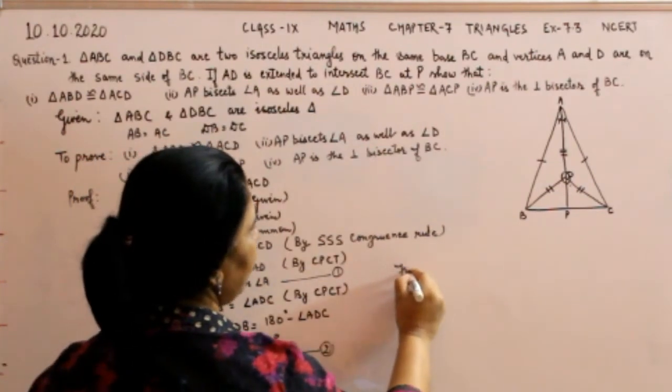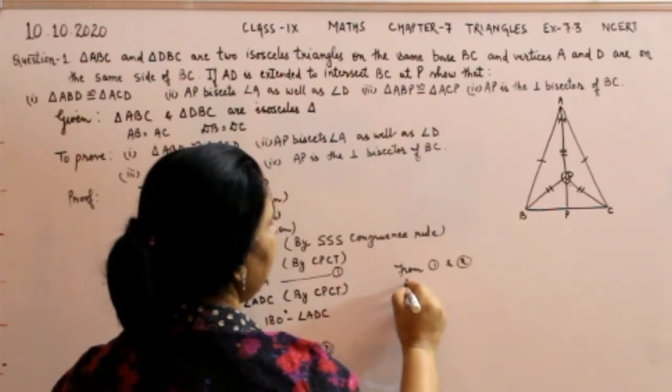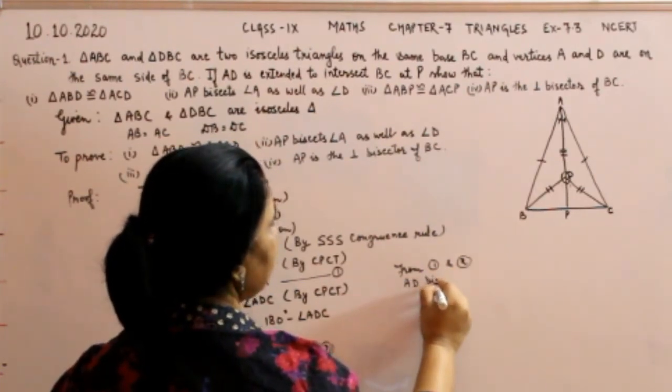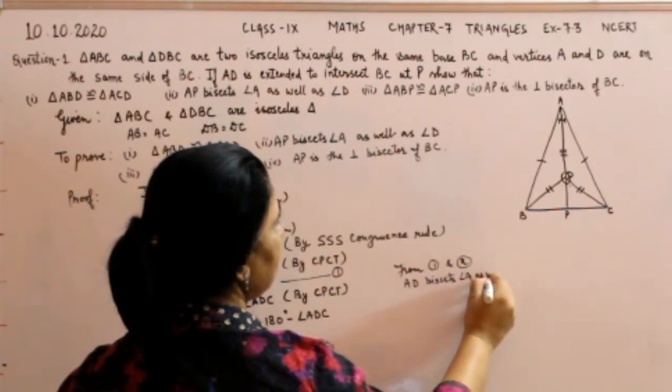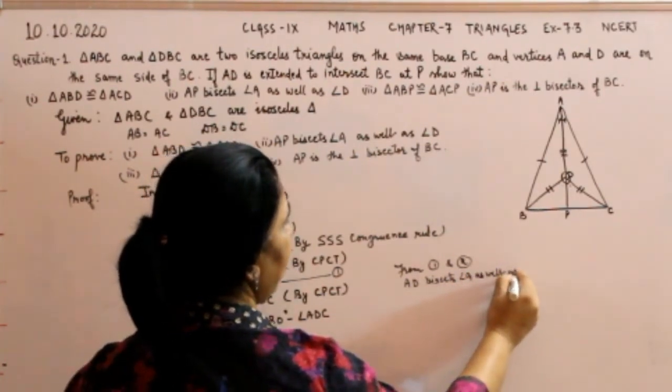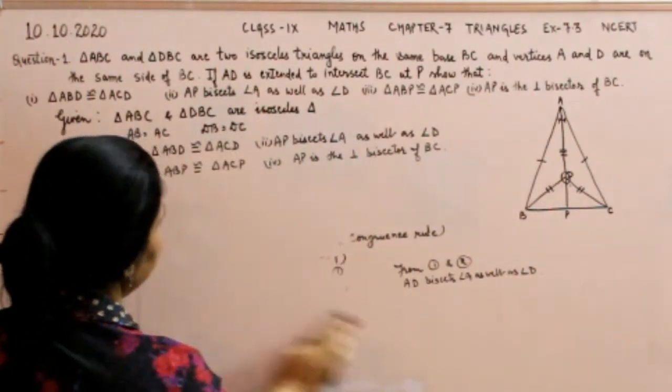From 1 and 2, what do we get? AD bisects angle A as well as angle D.